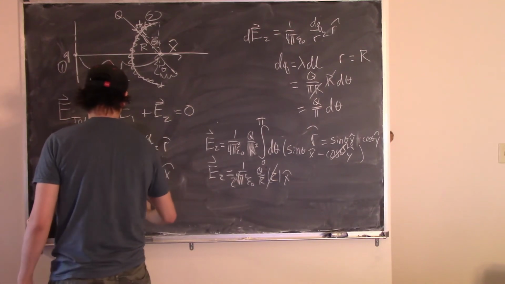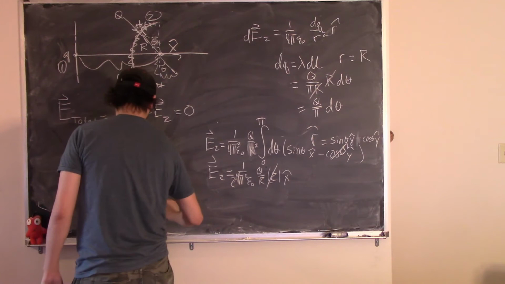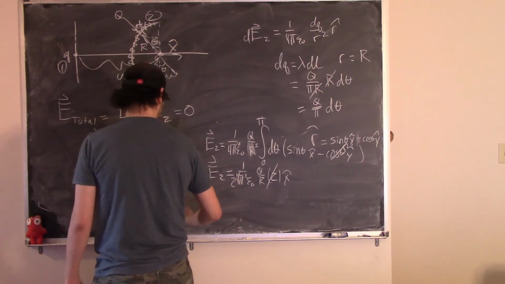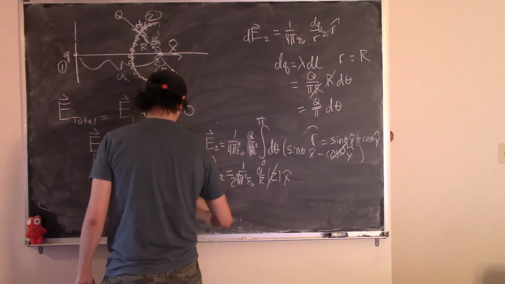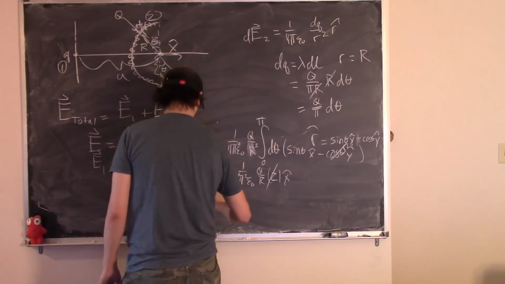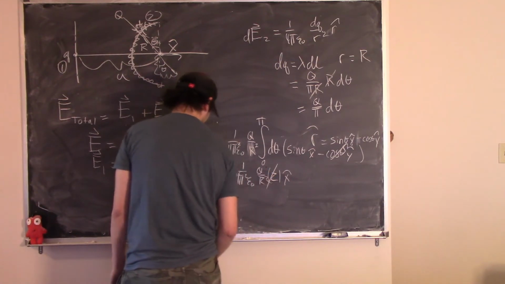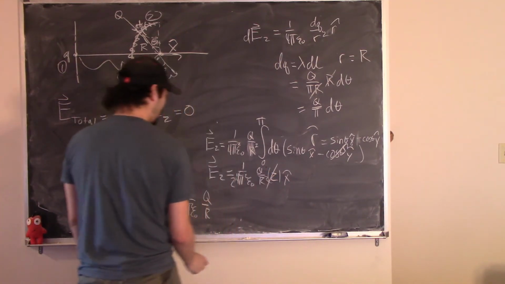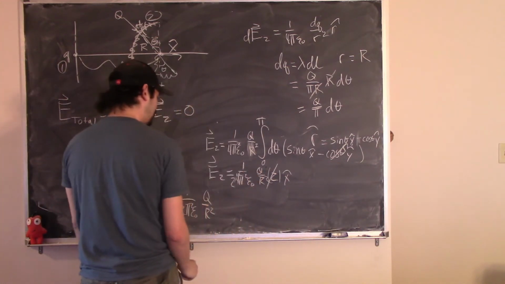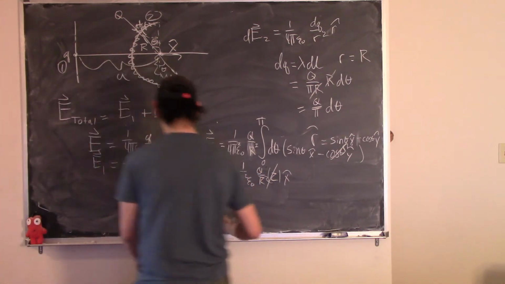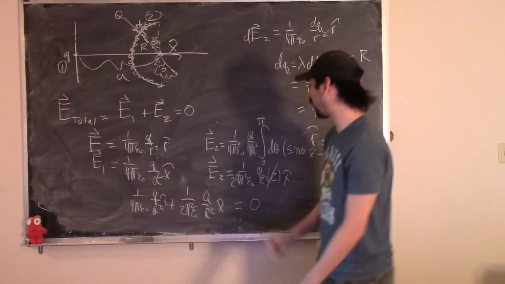So this is 1 over 4 pi epsilon naught q divided by a squared plus 1 over 2 pi squared epsilon naught q divided by r squared times x hat, and in principle this also has an x hat, is equal to 0.